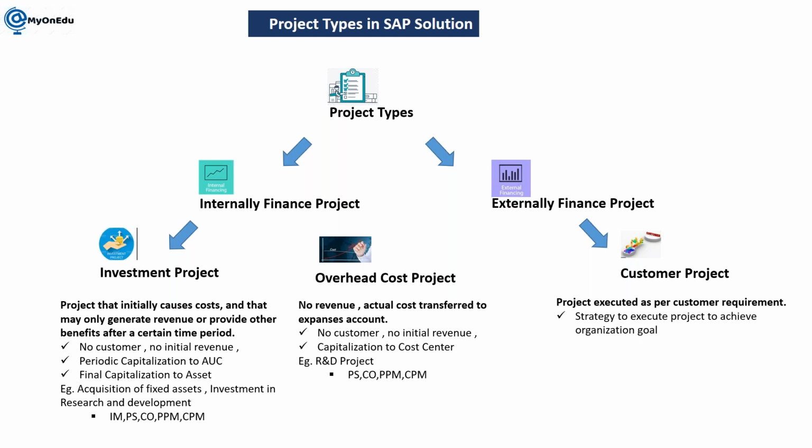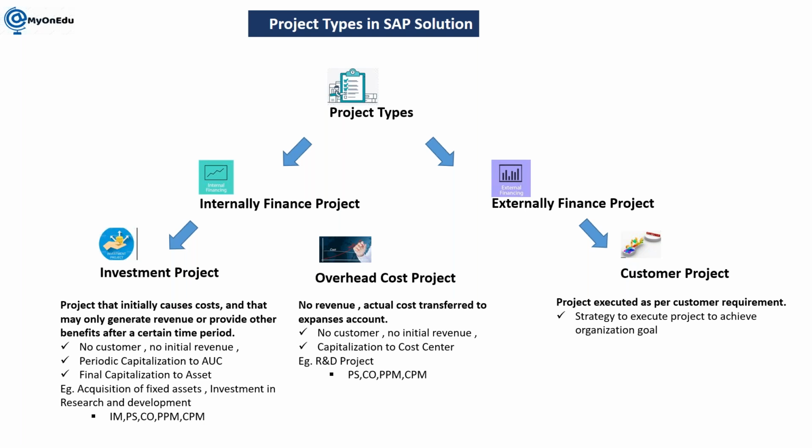So here, strategy to execute project to achieve organization goal. Why are we doing any customer project? It is based on the organization strategy. Okay, organization strategy means it has to be aligned with the organization mission and vision and the organization strategy to achieve that mission and vision.